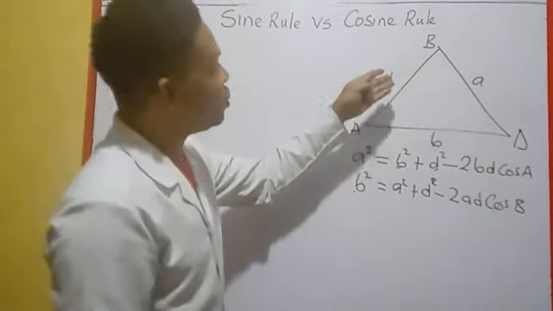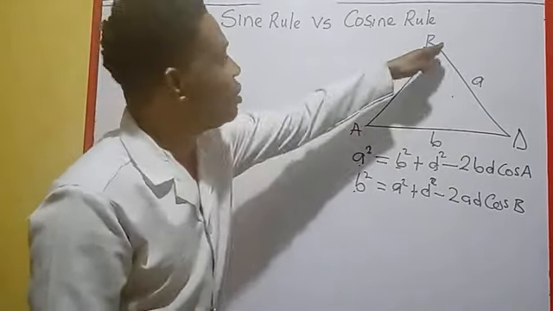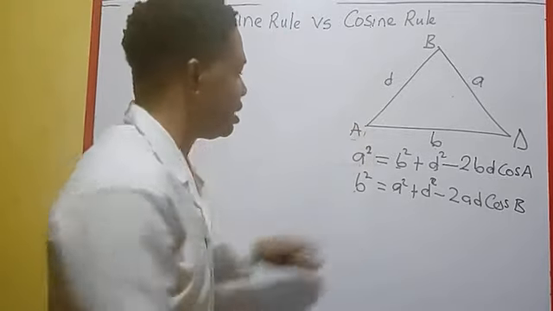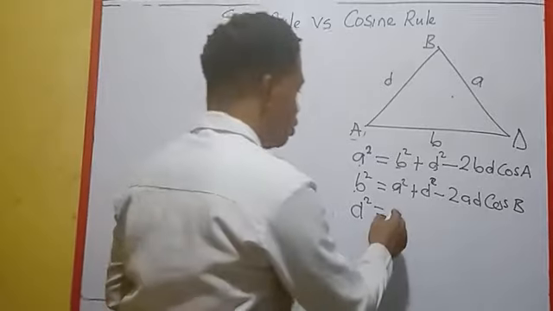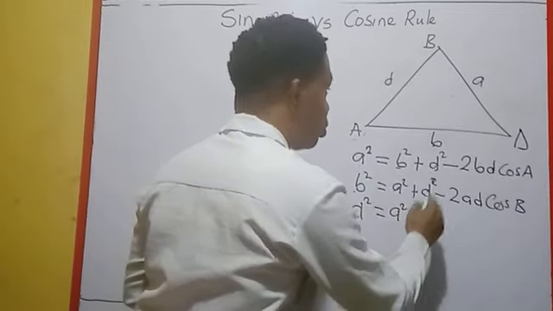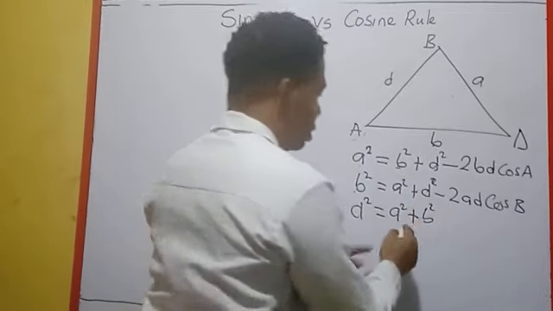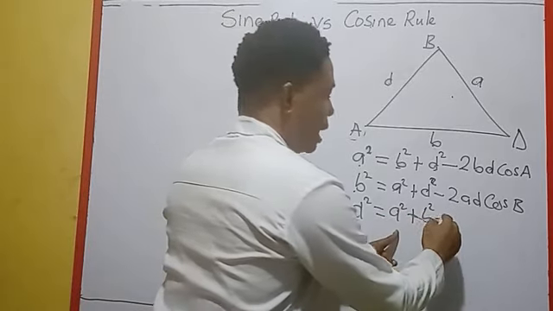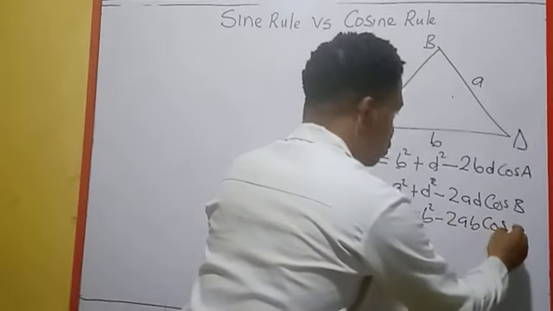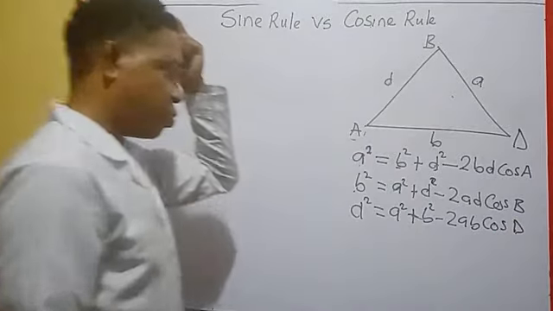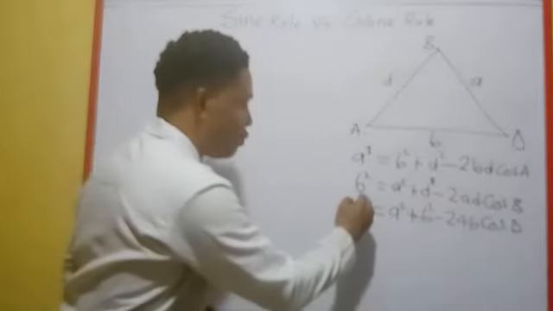Then for d, to find this side, the formula says d squared is equal to a squared plus b squared, minus 2ab cos D. That is the formula for cosine rule.